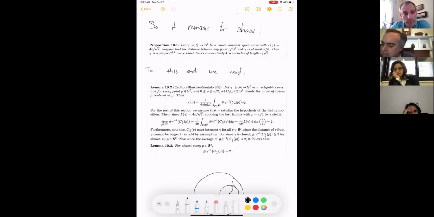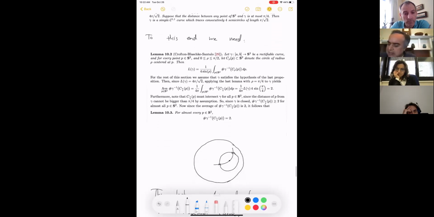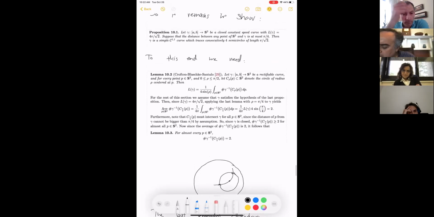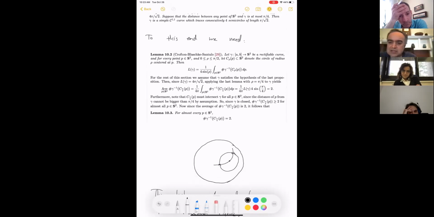Each of these circles intersects the projection of your curve on the unit sphere. In fact, it can be shown that each of these circles intersects exactly twice, and these have a certain radius. The radius is pi over radical 2. And so it turns out that this is a characterization for the spherical curve.